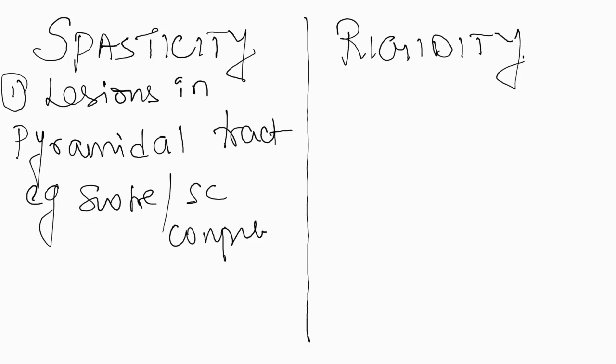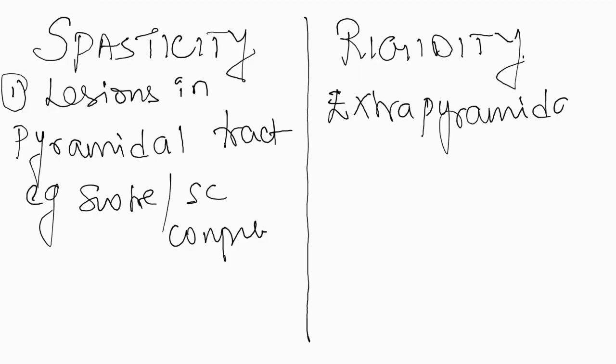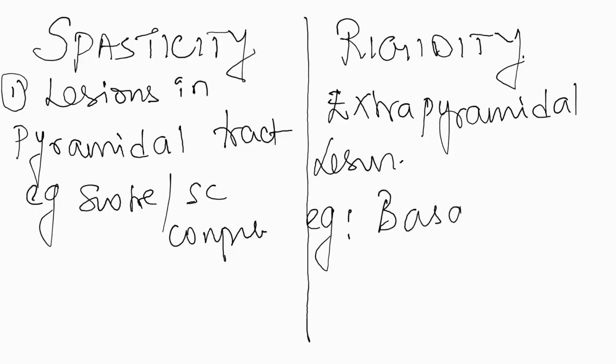Rigidity is seen typically in an extrapyramidal lesion. For example, anything involving the basal ganglia can produce it.